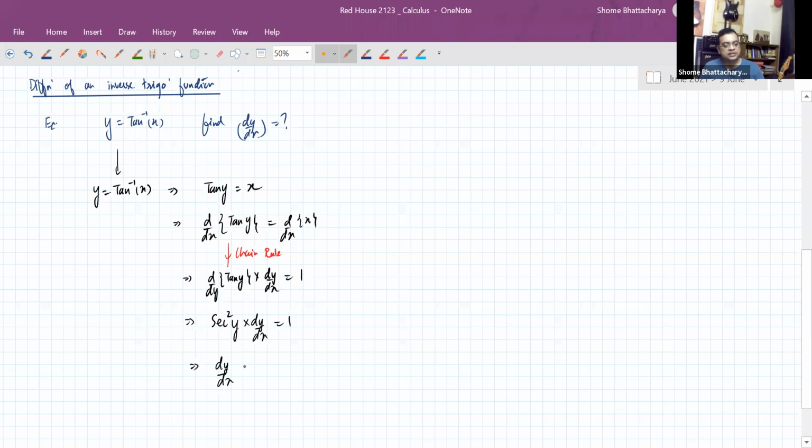So dy by dx is 1 upon sec square y. Now at this stage what we want to do is, this is fine, but we want to express it in terms of x. So we'll use the identity that sec square y is equal to 1 plus tan square y, and tan y is equal to x.